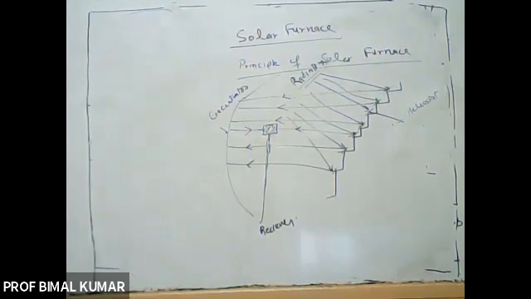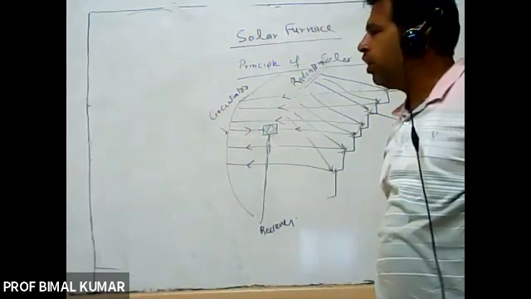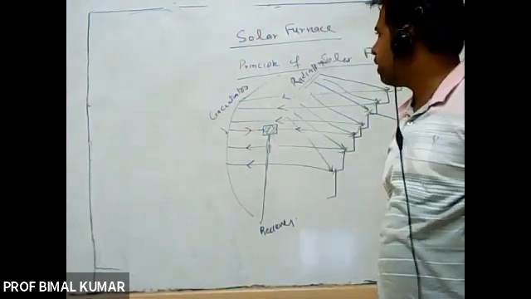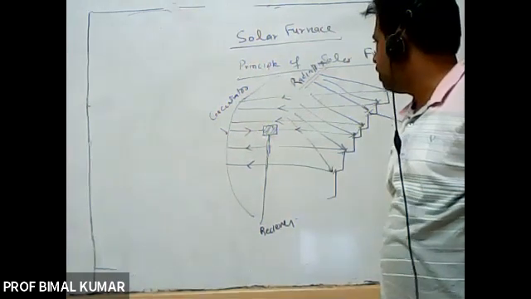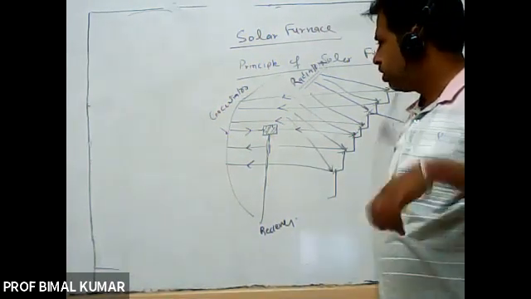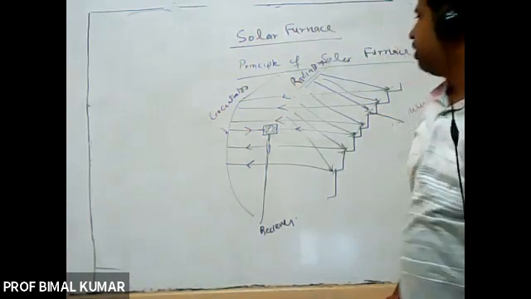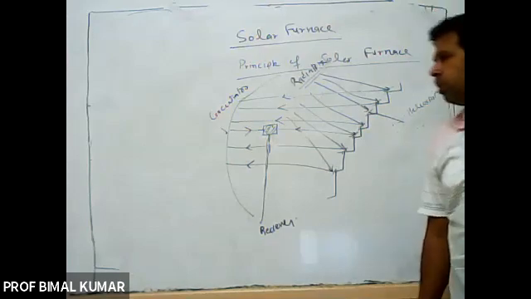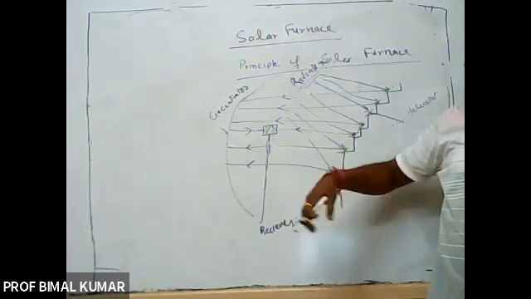So here, when these radiations are collected on the receiver after reflection through the heliostat as well as the concentrator, this will cause an increase in the temperature of the body, or the temperature of the solar furnace.